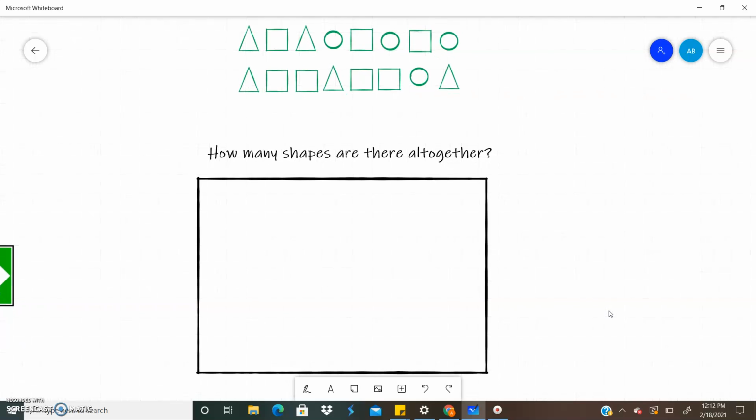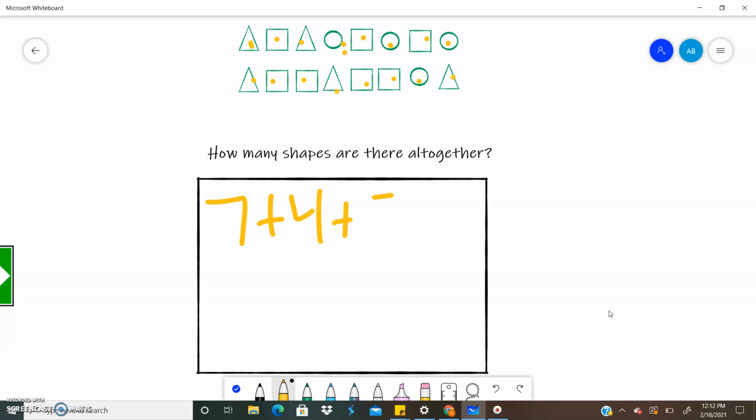Okay, it says how many shapes are there altogether? So that's really what we just did. So we said that there were 7 squares, 4 circles, and 5 triangles.